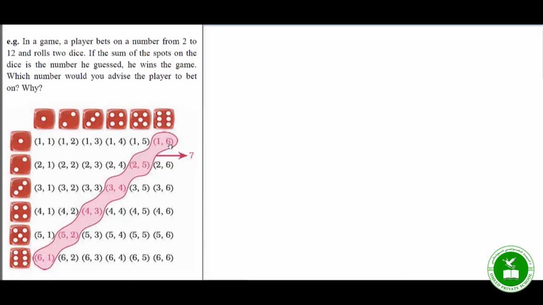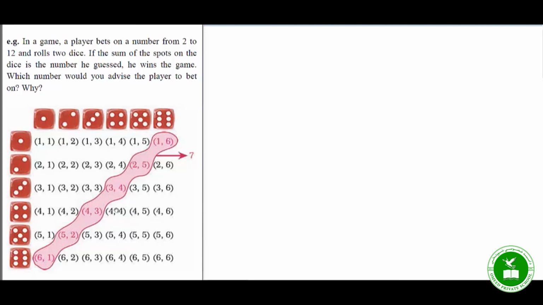For 7: 1 plus 6, 2 plus 5, 3 plus 4, 4 plus 3, 5 plus 2, and 6 plus 1. It means that the first one can be 6 and the second one can be 1, the first one can be 5 and the second one can be 2, or the first one can be 2 and the second one can be 5, and so on. But the sum of them is 7, and we have 6 possible results for 7.